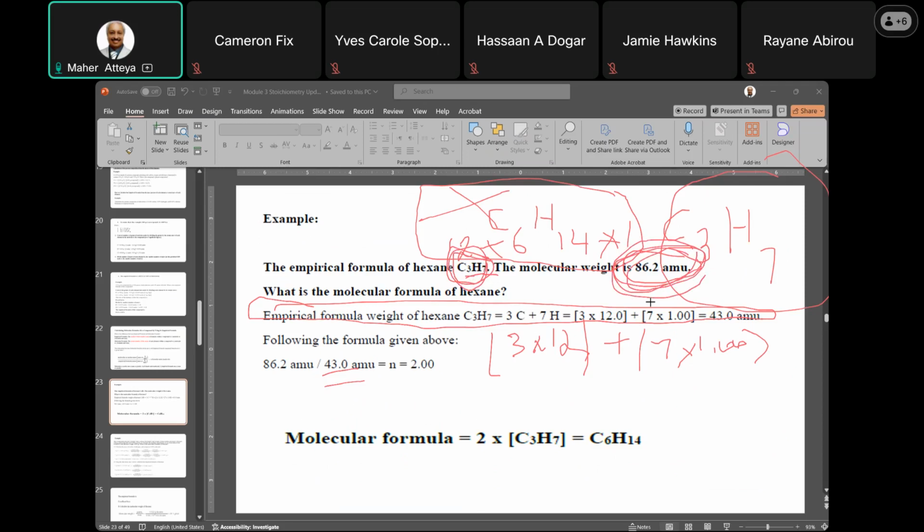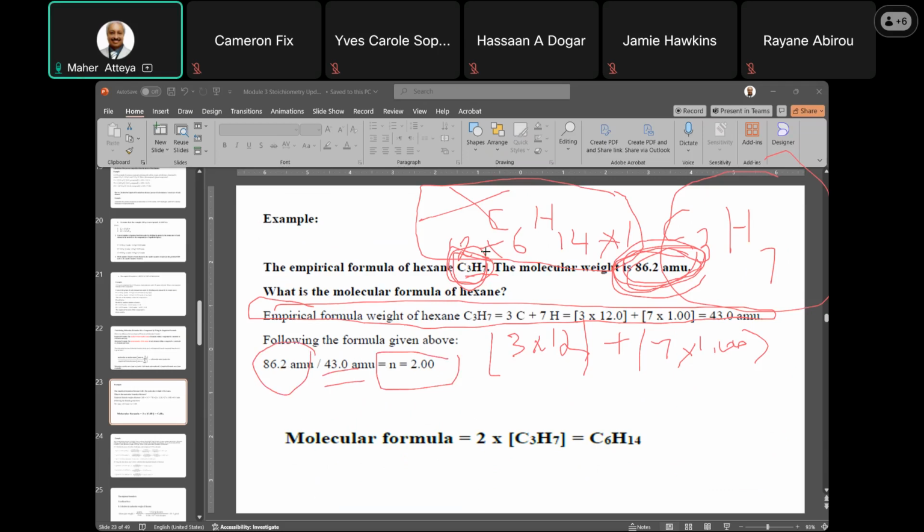What is the molecular formula? You divide those, you get N equals 2. The molecular weight given to you is 86.2.